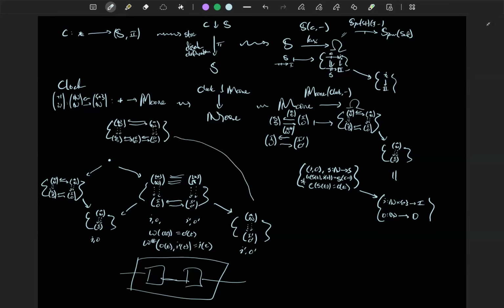And this lives over here. So this one also lives over here. And now the claim is that the fact that this is lax means that there is a map like this. There we go. So what does that mean?